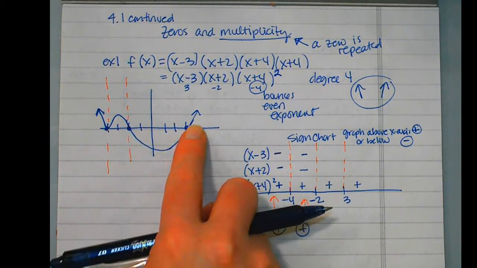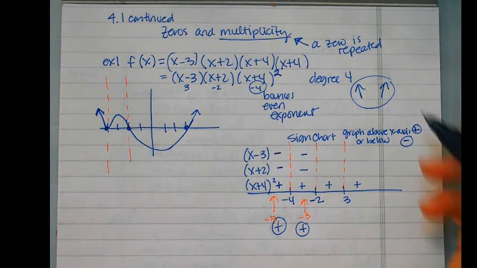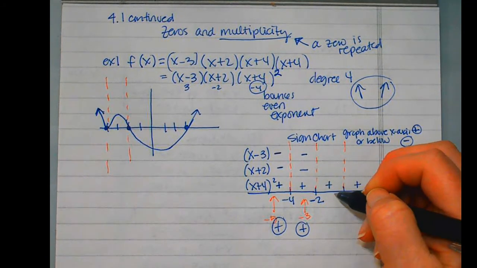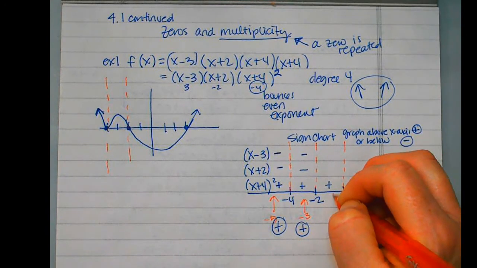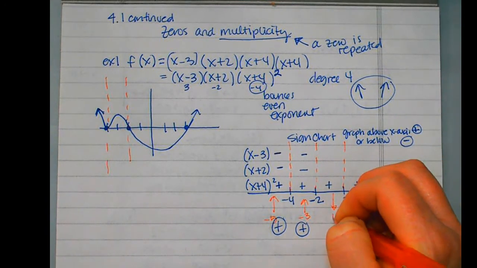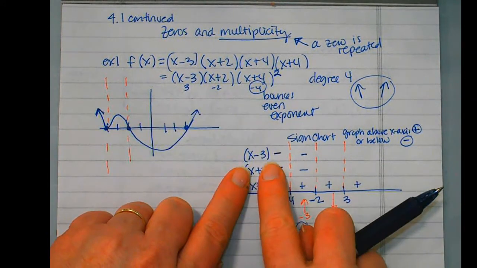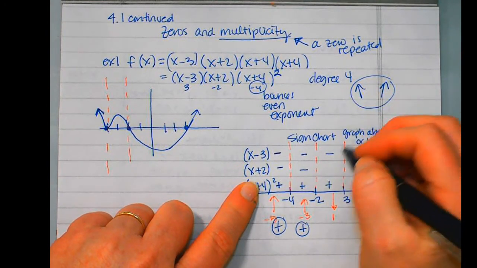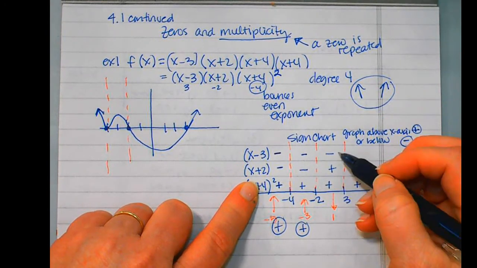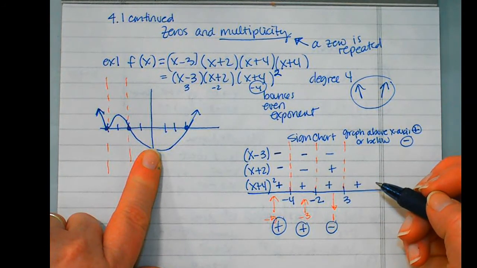What should I get here? I should get a negative. So let's test. What's a good number between -2 and 3? What's an easy one? 1 would be easy. So let's test. 1 minus 3 is -2, so negative. 1 plus 2 is 3, so that's positive. When we multiply these together, we get a negative, and look, our graph is negative.